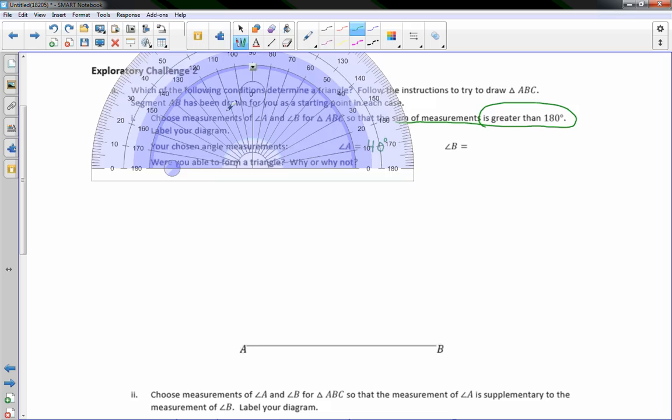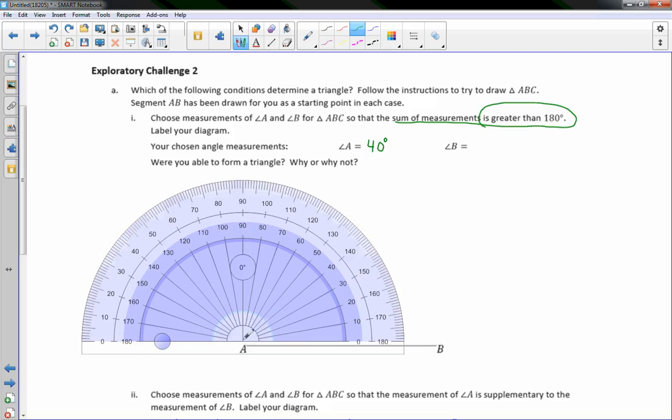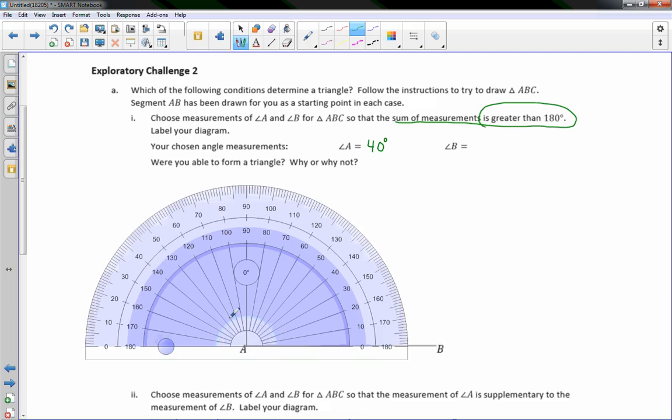I'm going to use my protractor for this. When I bring my protractor down, you put the crosshairs of the protractor right on the endpoint A, and make sure the line on your protractor lines right up with your line segment. Angle A is 40 degrees. Now notice there is a 40 over here, and I'm just going to do this one time.